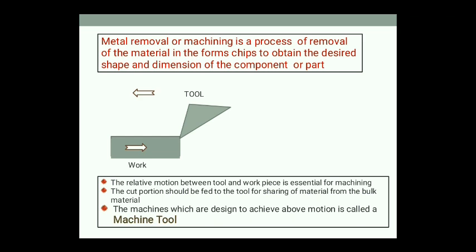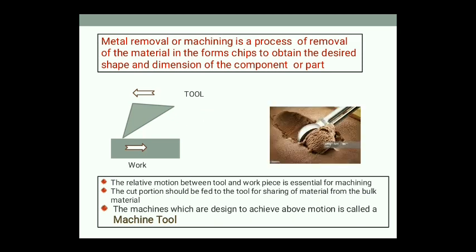How does it take place? Let's look at this simulation. When the tool moves, the material from the bulk will come off in the form of a chip. A small simile can also help us consider how this action takes place. When you try to eat ice cream from a bowl, you use a small scoop.